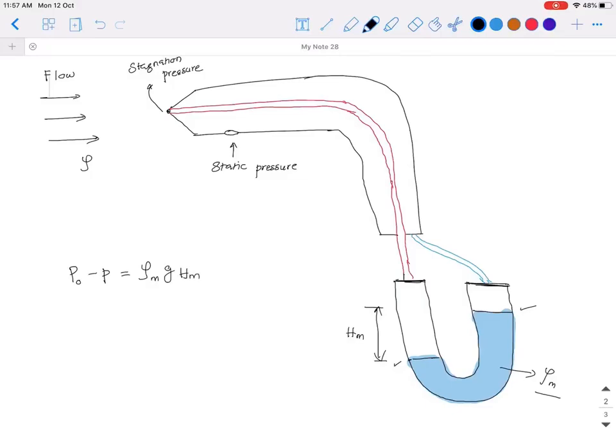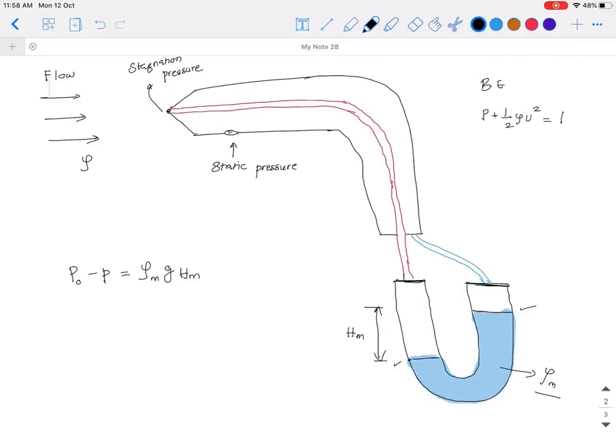This is directly from the U-tube manometer equations that we have discussed. So we measure the difference between stagnation and static pressure using the pitot static tube, which is given here as rho m g hm from the manometer reading.